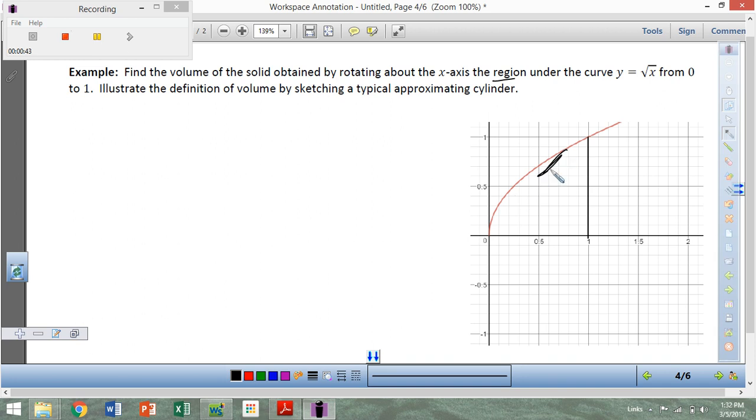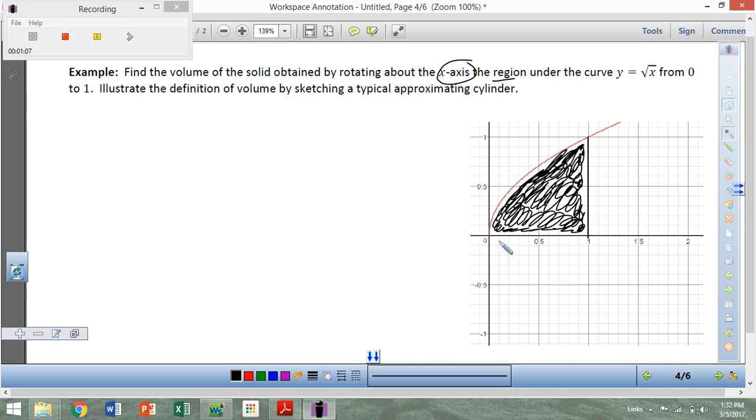If I were to fill this region in, this is what it would look like. Back to area between curves, if I just wanted the area, I would use an integral and find the area underneath this curve. But I want to find the volume if I take this and rotate it about the x-axis.